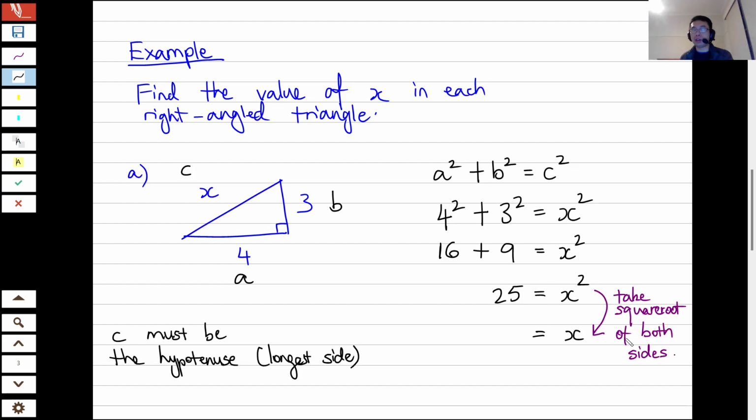Most of the time, you're going to need to use a calculator, and you're going to need to find this symbol. It looks like that. That's the square root symbol. And you will input 25 into the square root.